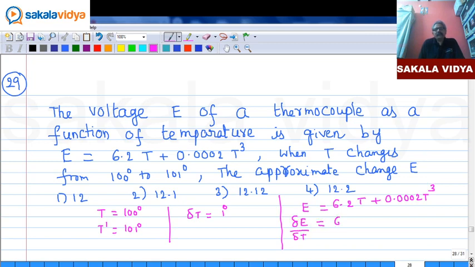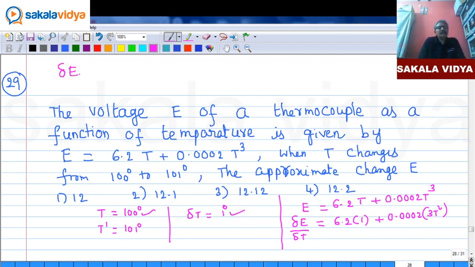So it equals 6.2 T differentiates to 6.2, plus 0.0002 T cube differentiates to 3T square. Now in the place of T put 100, in the place of delta T put 1.